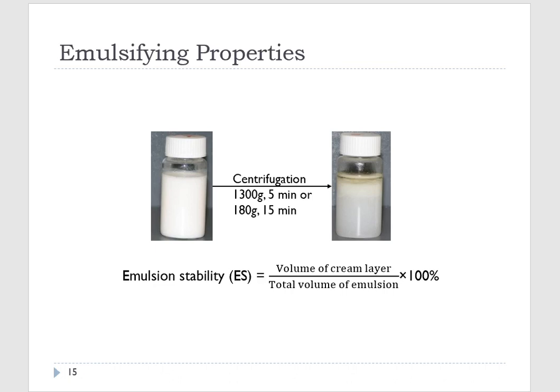The volume of the separated cream phase is then measured and expressed as a percentage of the total volume: the volume of cream layer over total volume of emulsion times 100. Stability can be expressed as percent volume of cream separated. If that number is high, that means it's not a very stable emulsion.